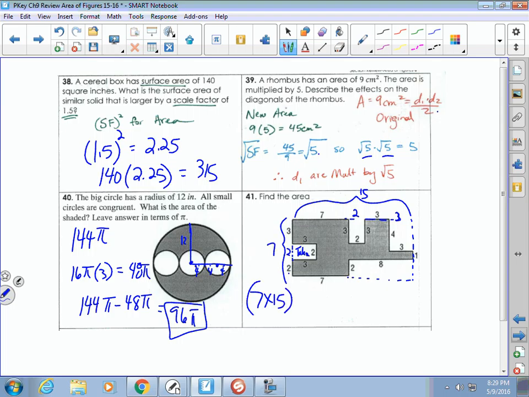And then I'm taking out the 2 by 3, another 2 by 3, and then the 2 by 8, and the 3 by 4. I'm taking all of that out from the 7 by 15. So basically, this is the 105.